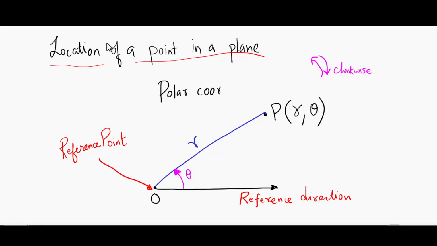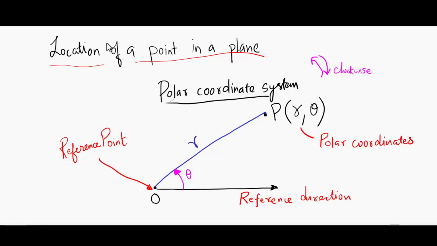Let me write that down: polar coordinate system. And in this system, what we measure here are called polar coordinates. These are polar coordinates. So this is a very good way of measuring the location of a point in a two-dimensional space using a reference point and a reference direction.